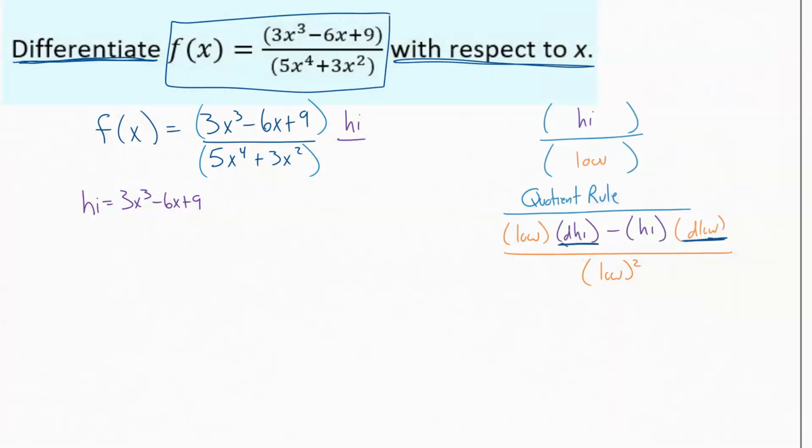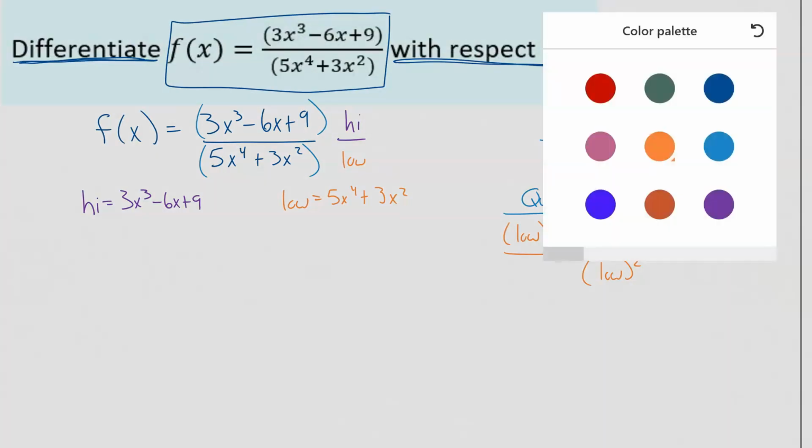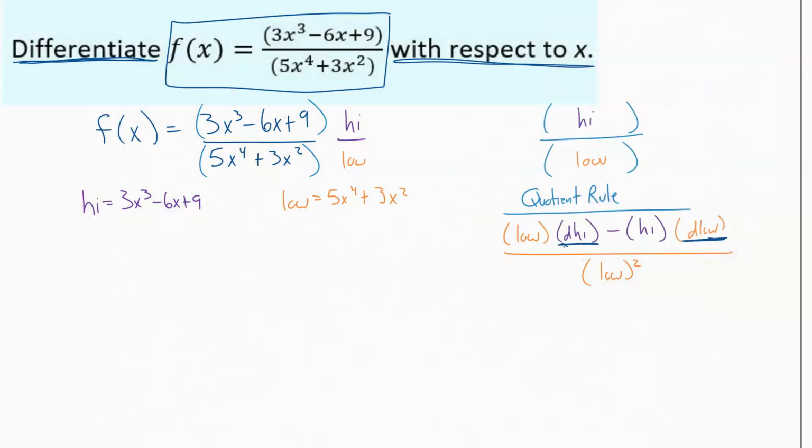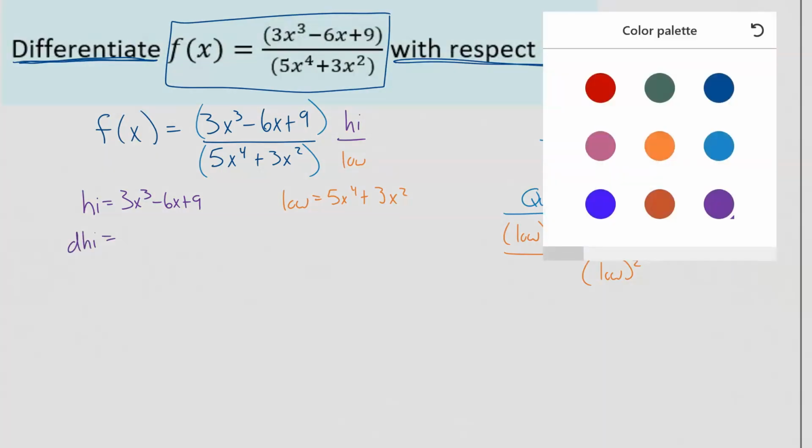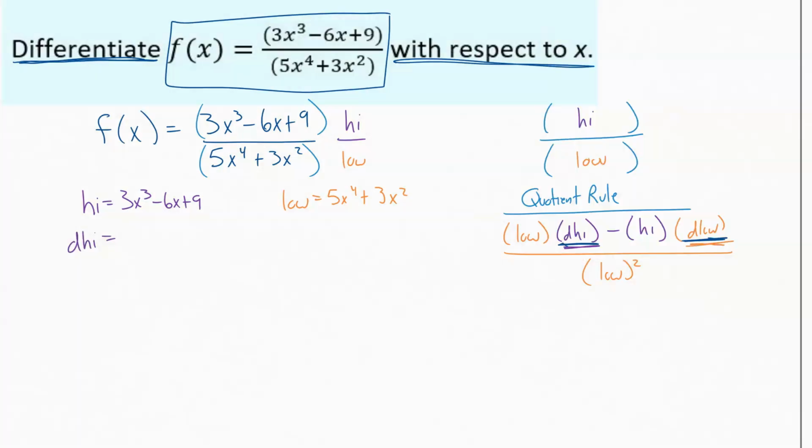And then we've got the low piece, which is 5x to the fourth plus 3x squared. To follow my quotient rule recipe, I need to find two additional bits of information: the d high, the derivative of the high piece, and the d low, the derivative of the low piece.